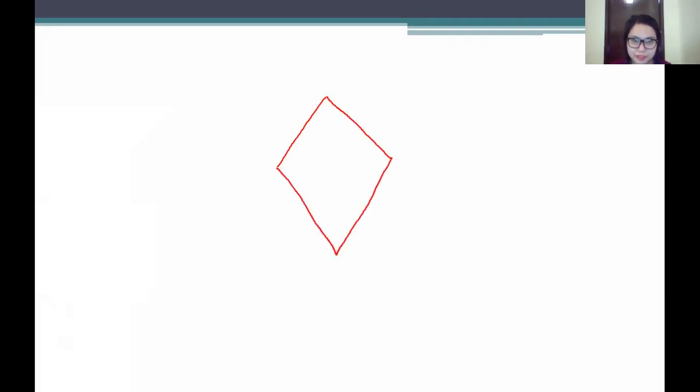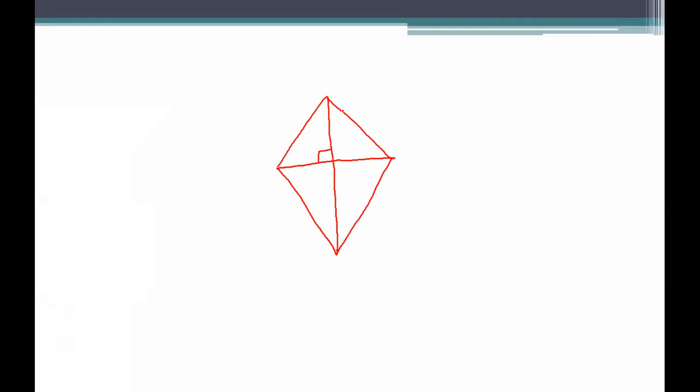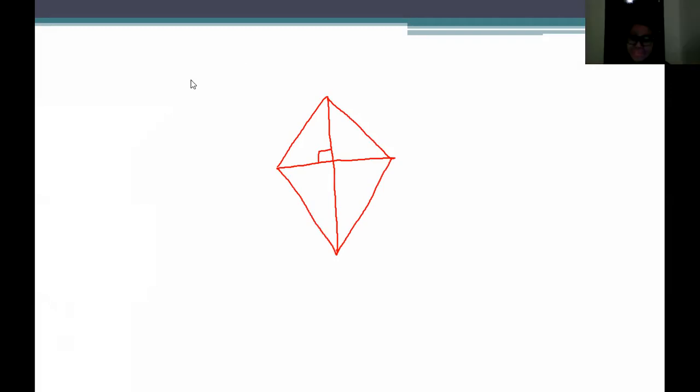Remember that in a kite, the diagonals are perpendicular to each other. Therefore, each one of these is a right angle. And each triangle that you will see is a right triangle, like this one.